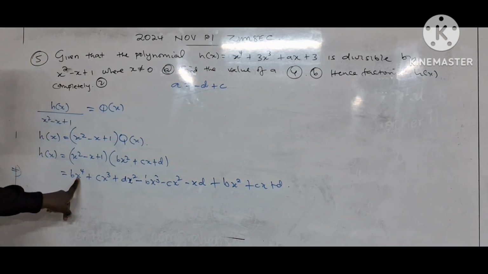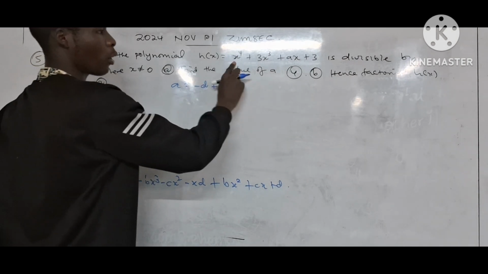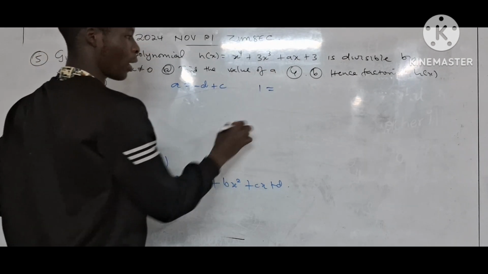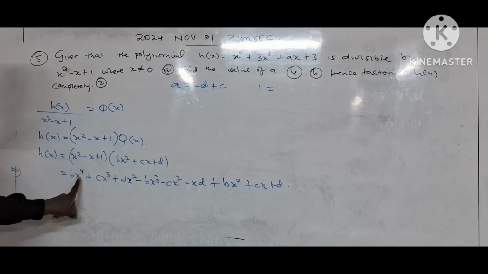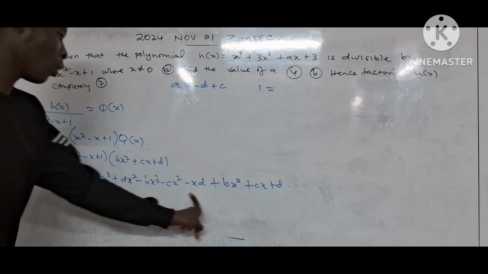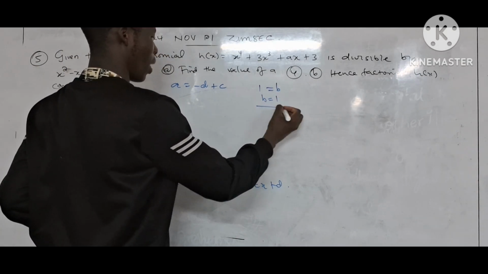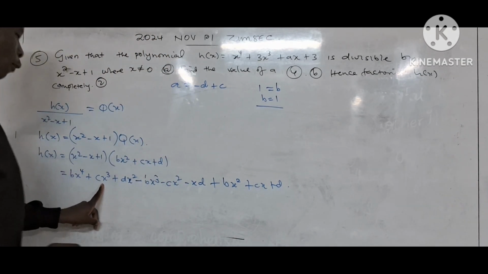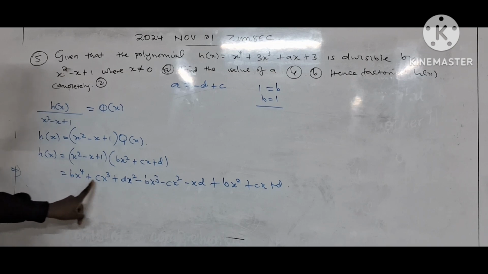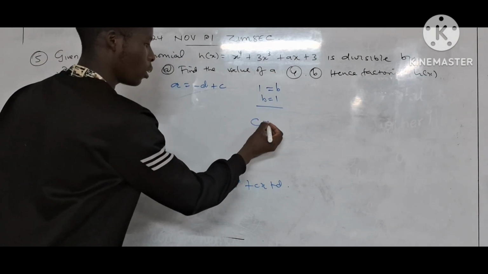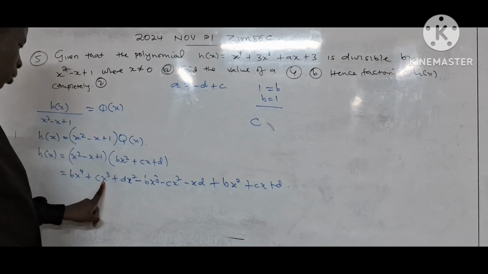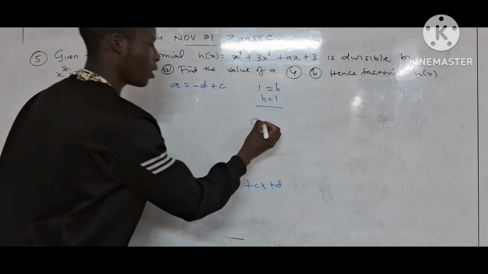Okay, let's check here. The coefficient of x to the power 4 is 1. Here the coefficient of x to the power 4, we only have b. So b is equal to 1. The coefficients of x to the power 3: here I have c, and this is negative b.